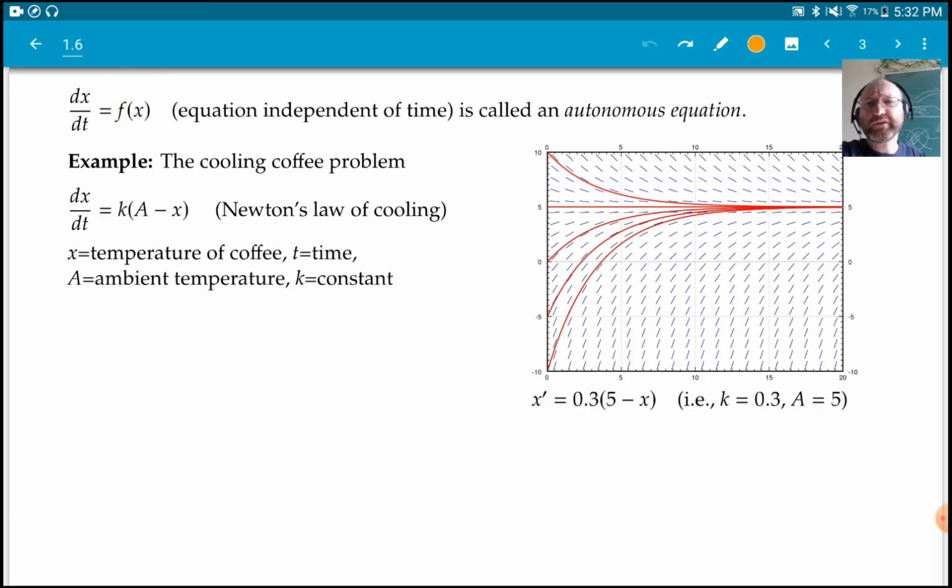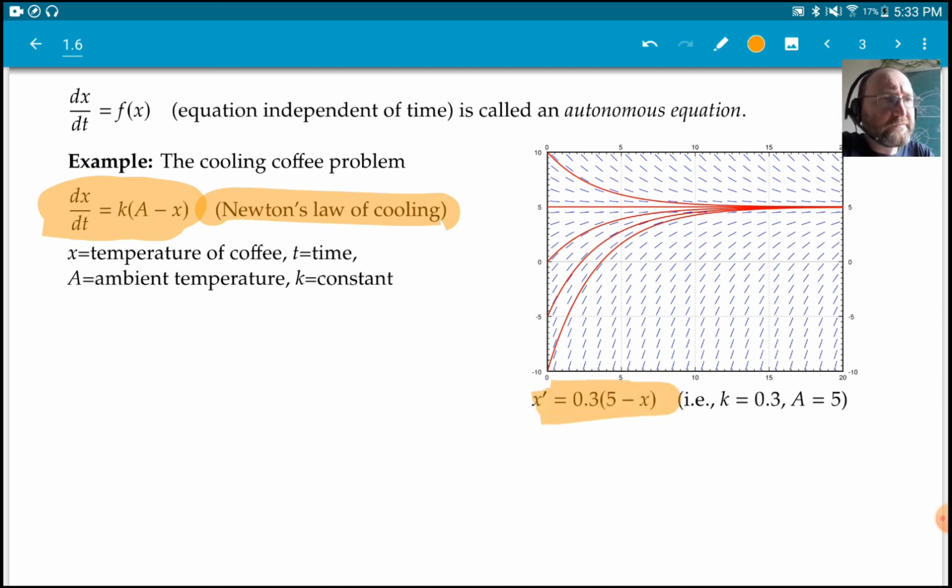So here's an example that we saw before. This guy over here, Newton's law of cooling. We saw an example is cooling of a coffee cup. Now here's a very particular example. A and k are constants.